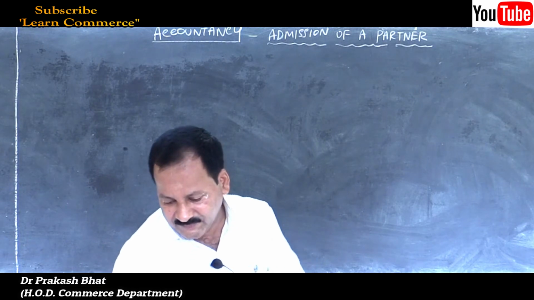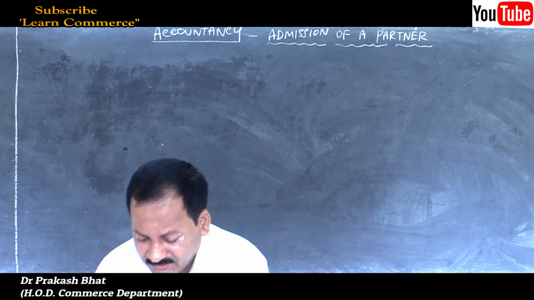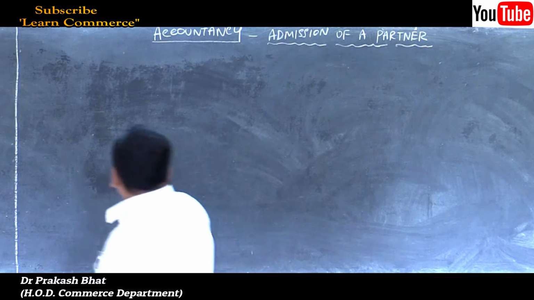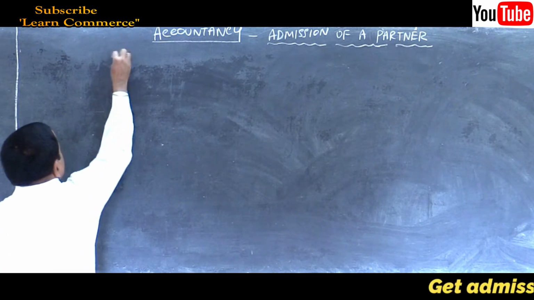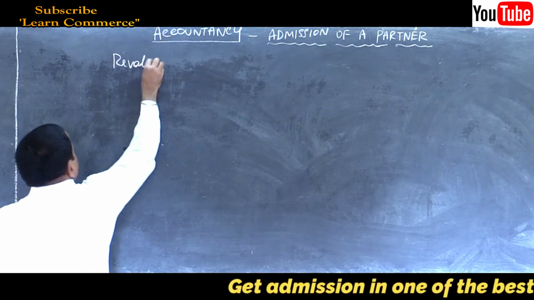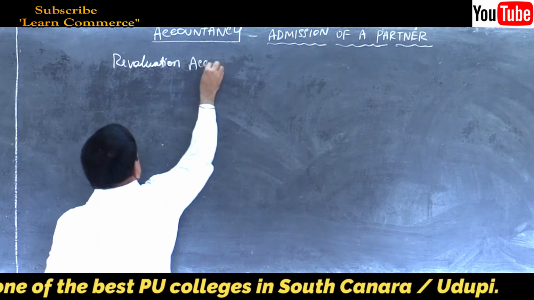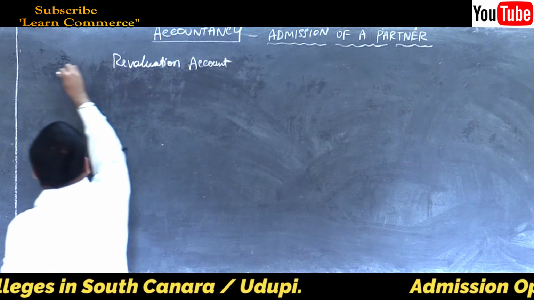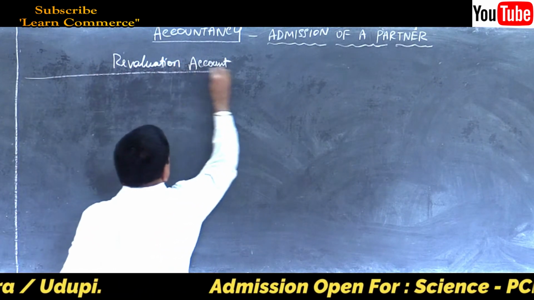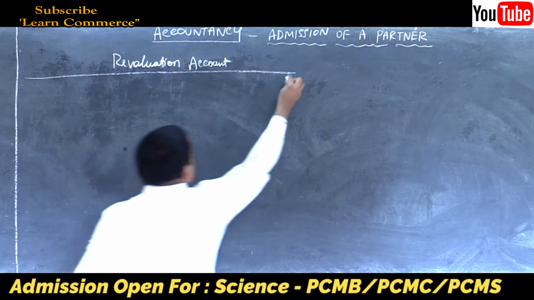Revaluation account. Let us start. Revaluation account. Ledger account it is. So draw columns. Revaluation account. Draw the columns.